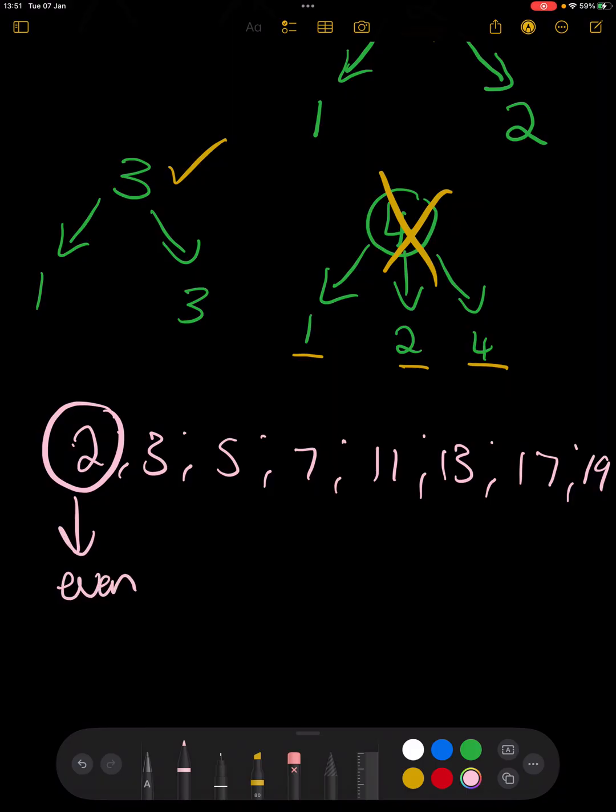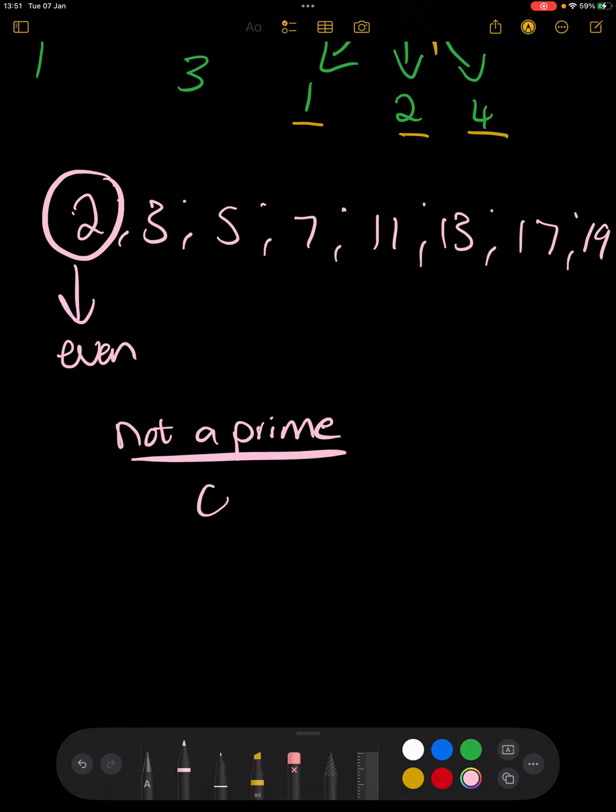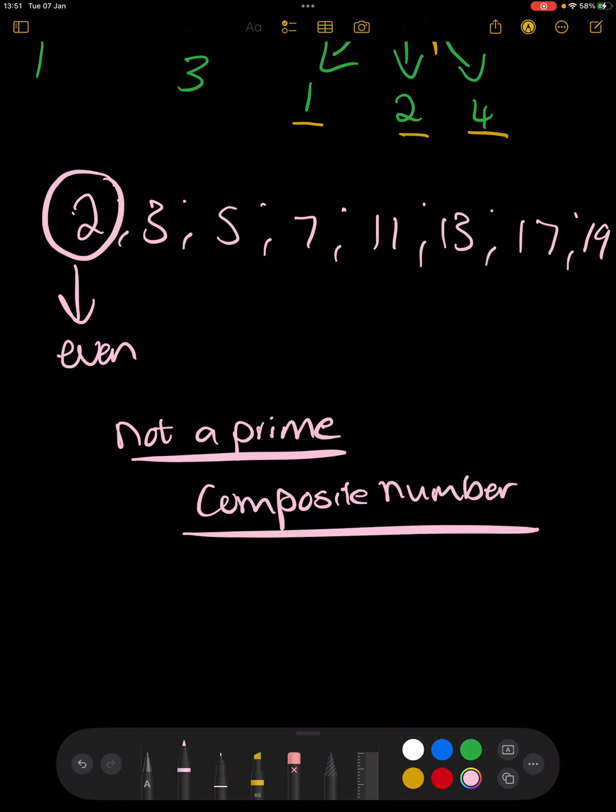All the other prime numbers are always odd numbers. 2 is also the smallest prime number that we have. If something is not a prime number, it has a name, and that name is a composite number. Anytime something is larger than a prime number and not prime, we call it a composite number.